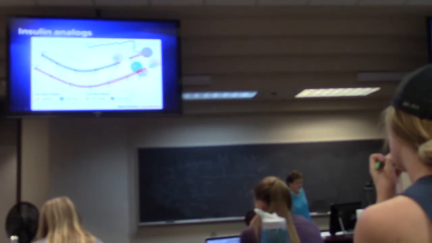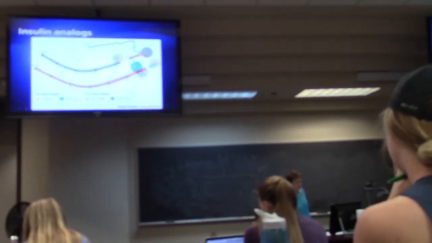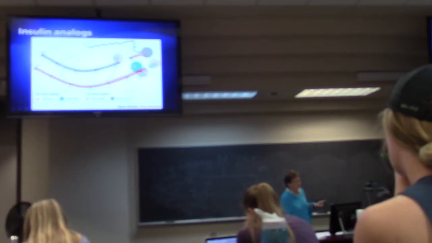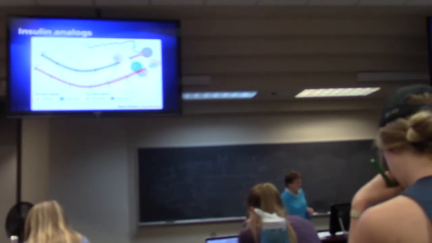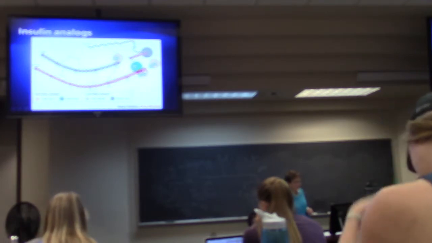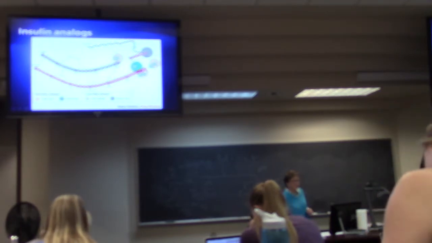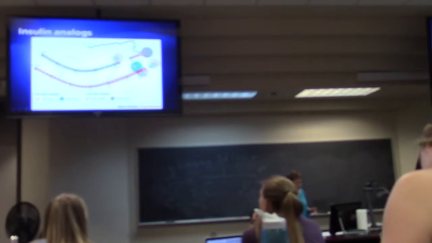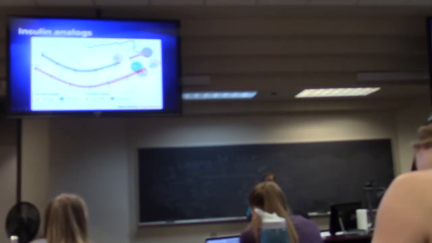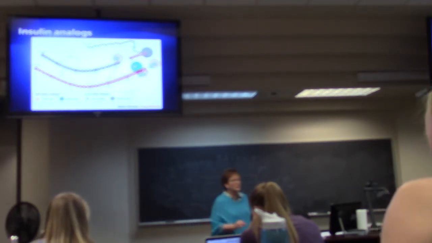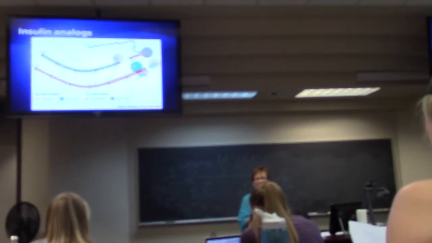So with Lispro, we are just exchanging a lysine for a proline and a proline for a lysine. We just flipped it. And with Aspart, we took asparagine and substituted it for the proline. Isn't it amazing? Okay, so there we make rapid acting. Then we take Glargine and we put two arginines on the very end of the molecule and we make the pH low. We make the pH 4.